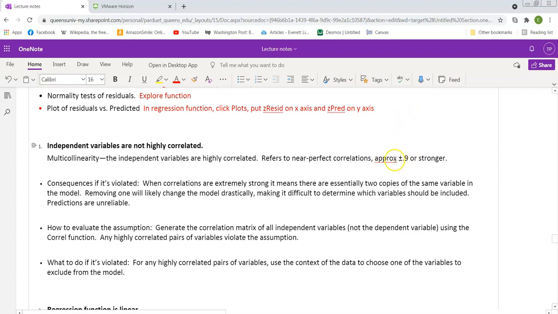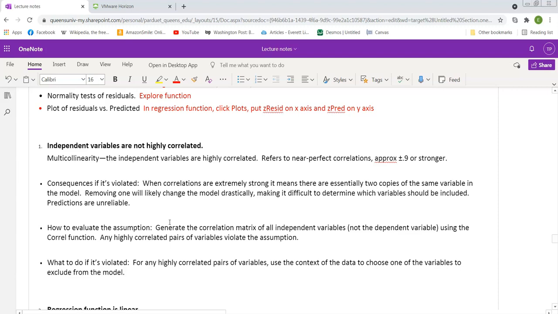This is just me saying this; I've never seen a statistician specifically recommend a cutoff for that. But if this assumption is violated, it means that you basically have the same variable in there twice.